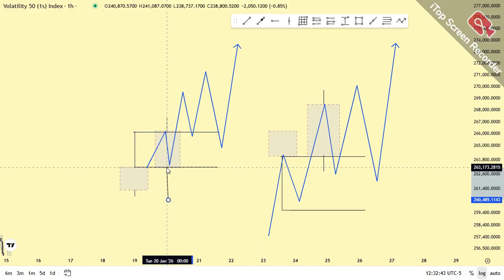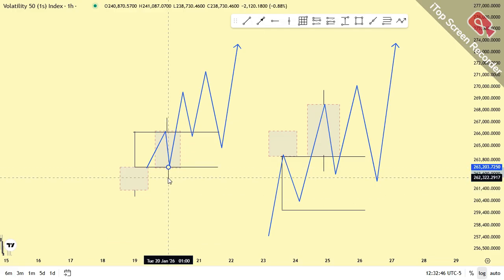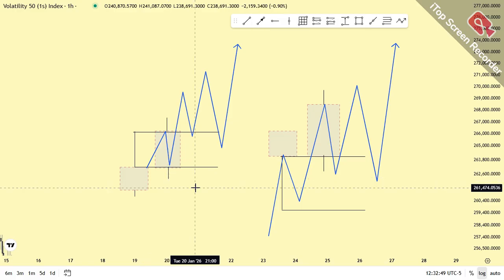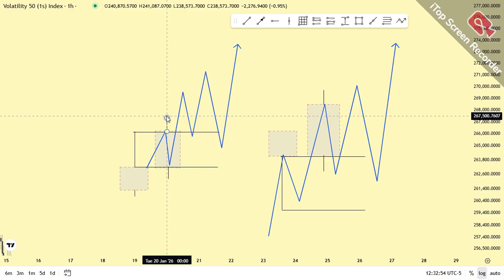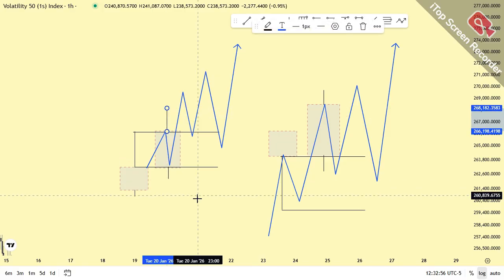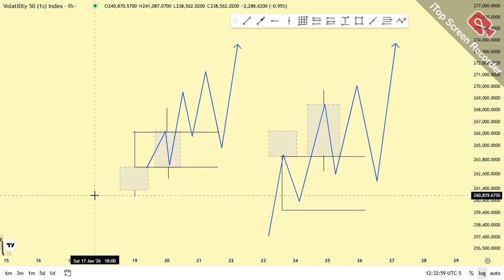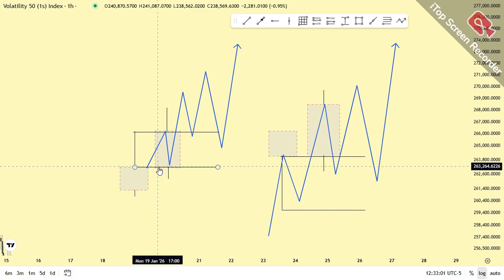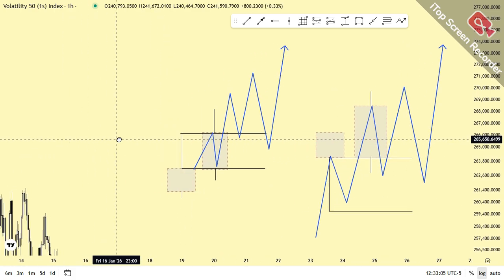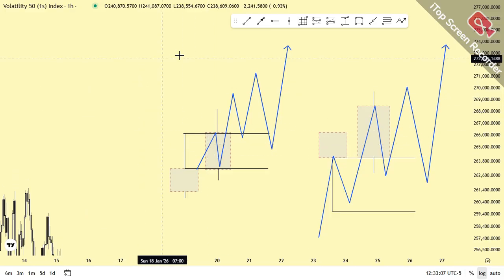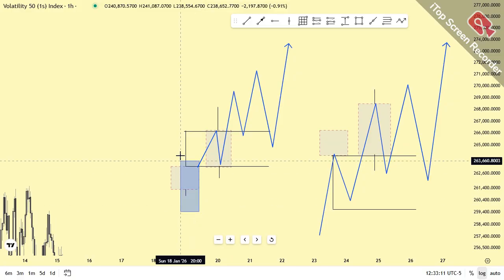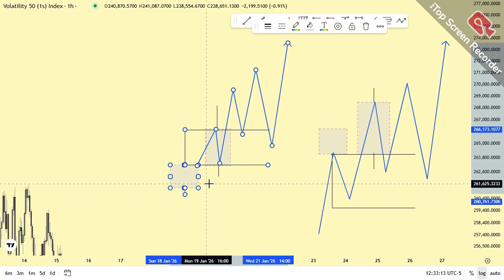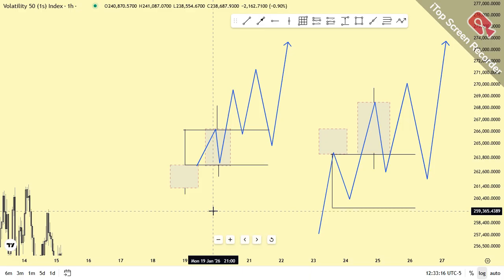And then we had this sort of candle. So it could be in this format, it could be in this format, and it could also be an engulfing candle. It can also be in this format.